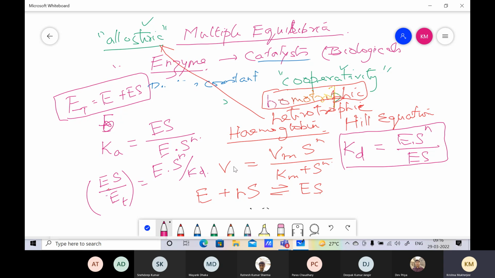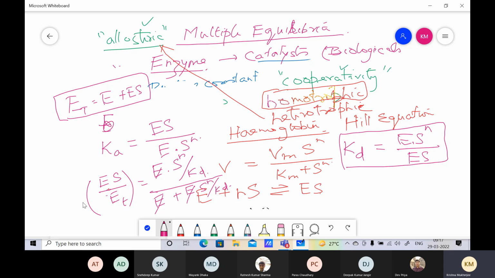ES upon ET. What is ET? E plus ES, which is E plus E S raised to n by KD, right? So we can take E out of this expression, and multiply by KD. What do we get?